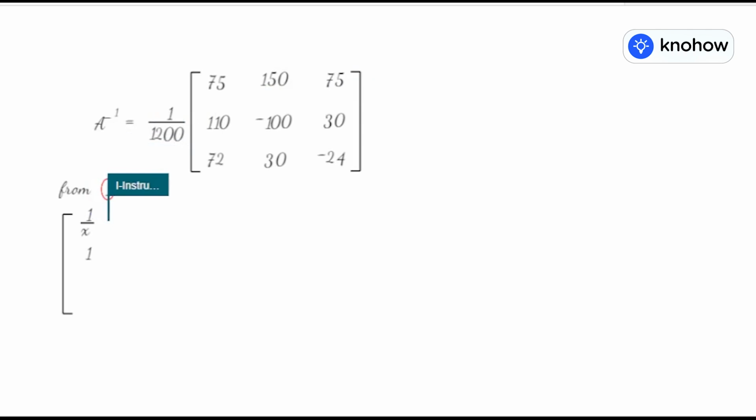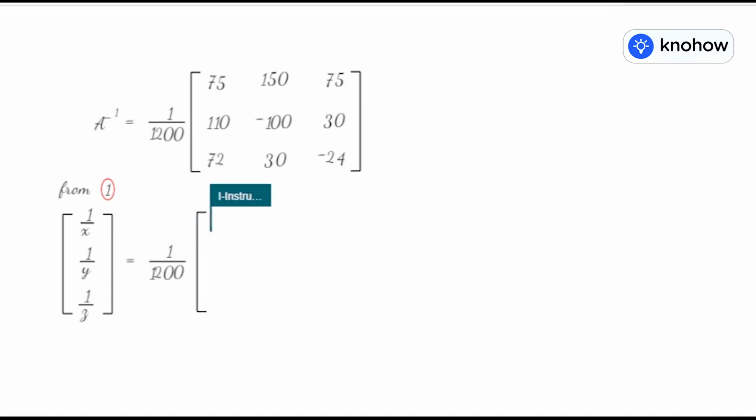It is A inverse. So we have worked out A inverse as 1 by 1200 into adjoint A: 75, 150, 75, then the elements of the second row are 110, minus 100, 30, and those of the third row are 72, 0, minus 24.